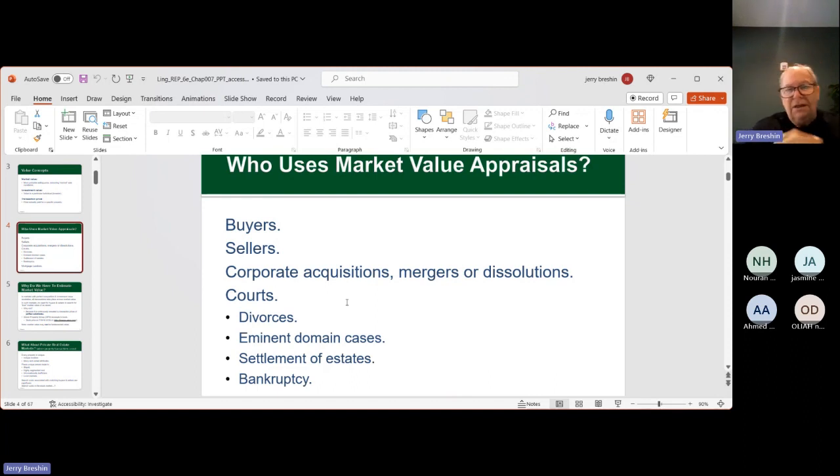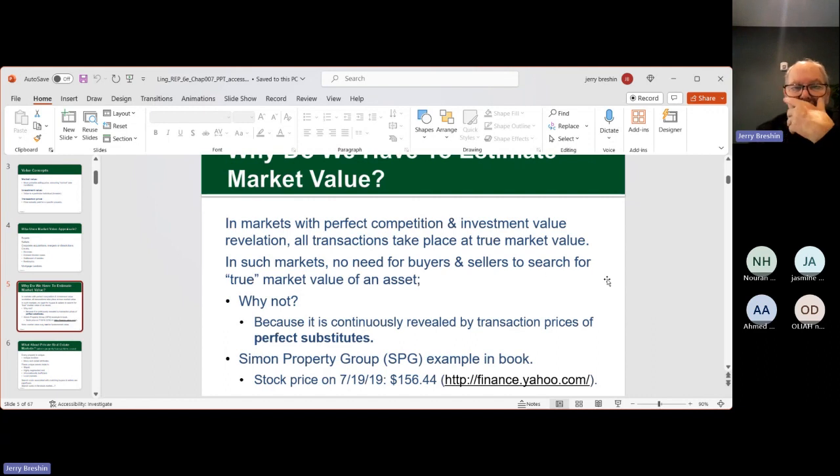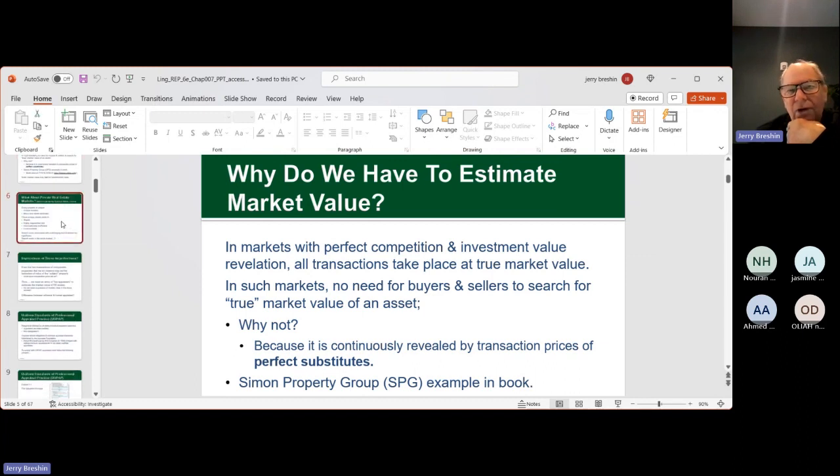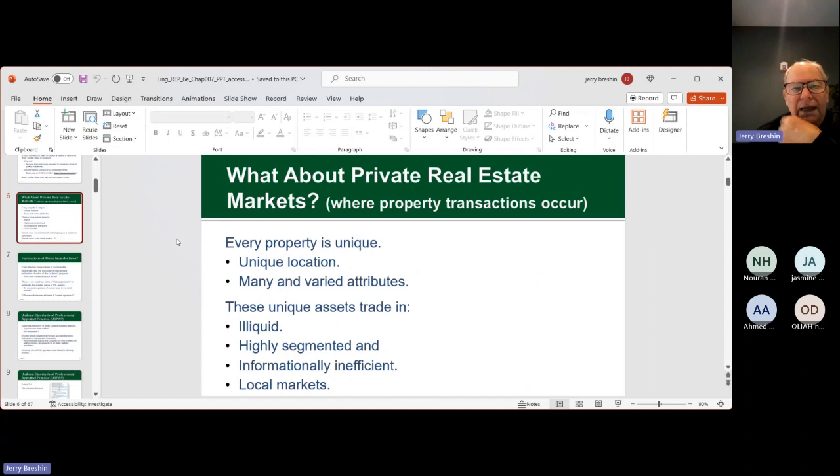Bankruptcy, people pass away, things like that. It does get into estimating the value of stock, but we're not really talking about stock.